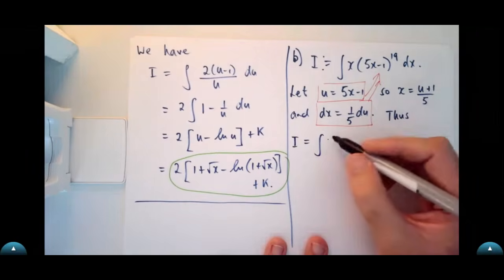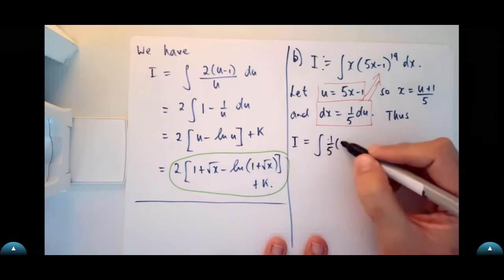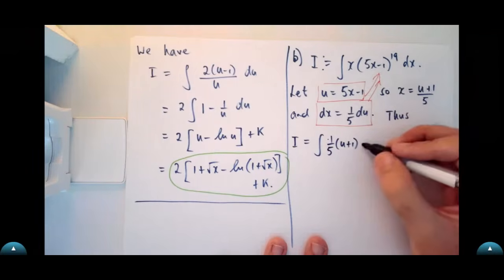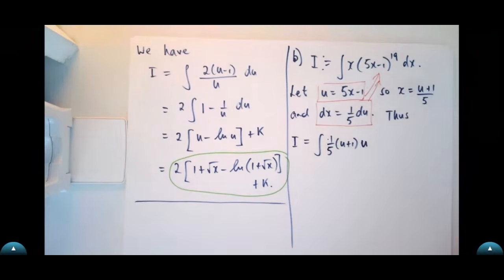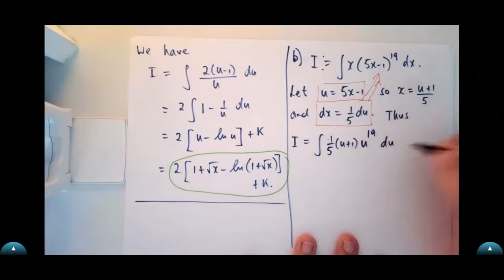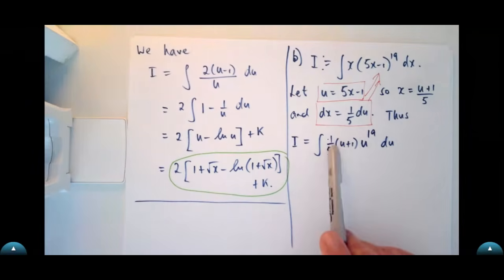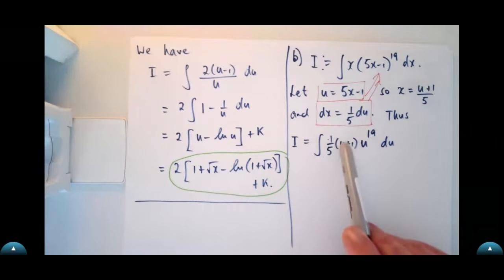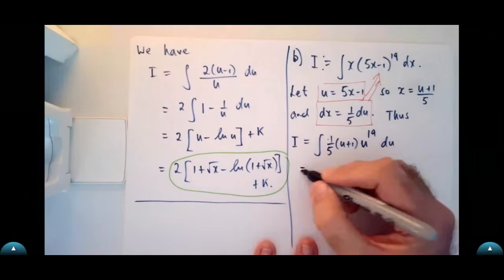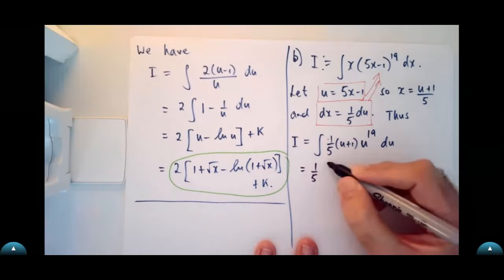All right, so x is that. And this is u. So now you can see, if you step back and look at it, the 1/5 can come out the front. It's just u to the 20 plus u to the 19. We can easily integrate those power functions, right?